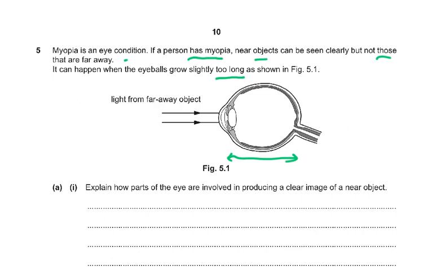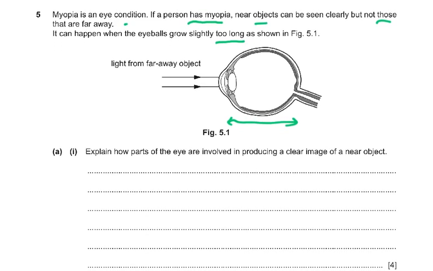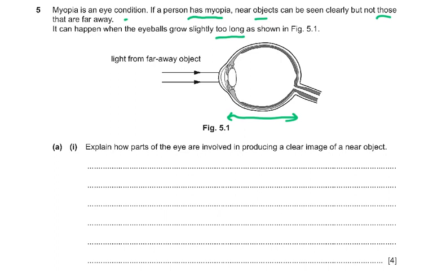Explain how parts of the eye are involved in producing a clear image of a near object. Well, that's 4 marks. Light is refracted by the cornea, refracted, not reflected, refracted or bent by the cornea. Ciliary muscle contract, suspensory ligaments become slack, lens becomes fatter or you can say more convex, and light is bent more by the lens.